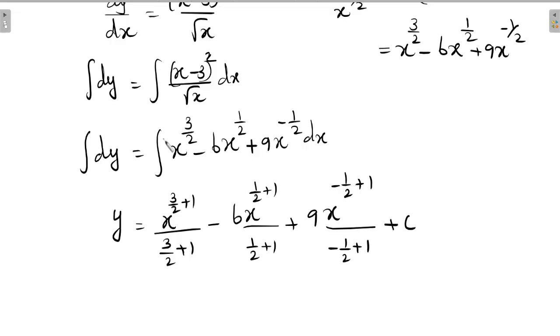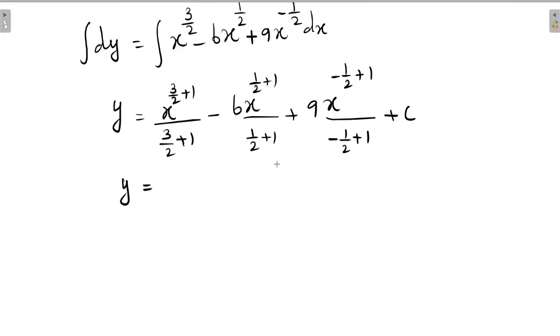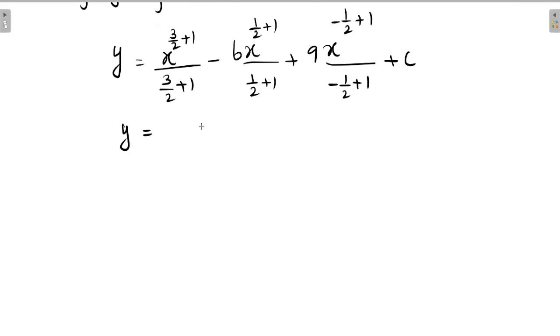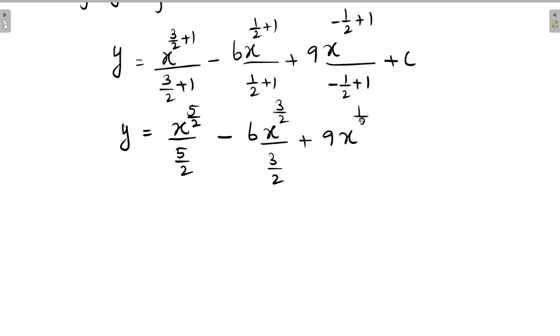Because the integration has no limits given, there must be a constant. So y = x^(5/2)/(5/2) − 6 x^(3/2)/(3/2) + 9 x^(1/2)/(1/2) + c.